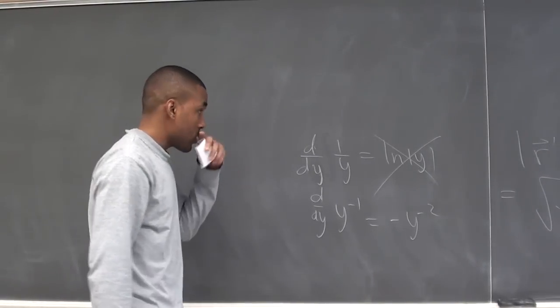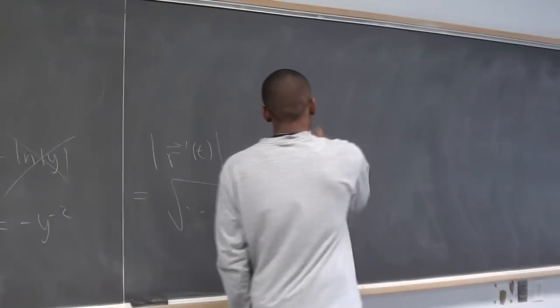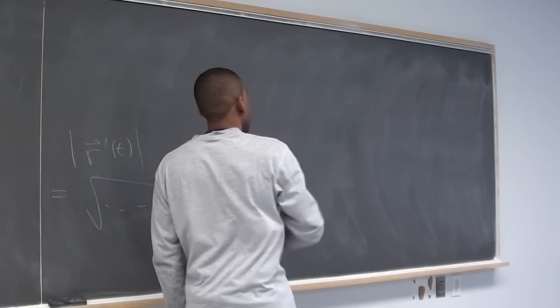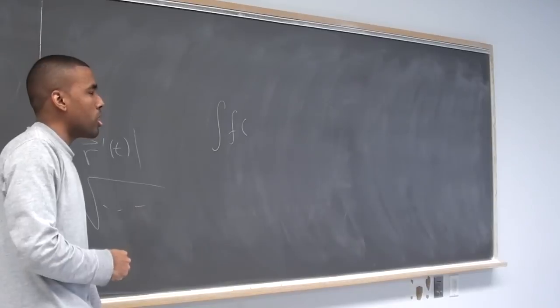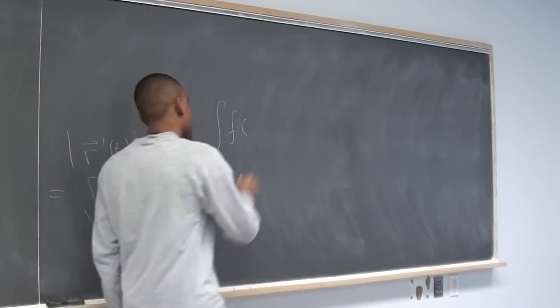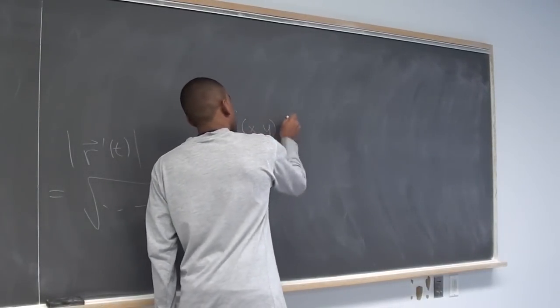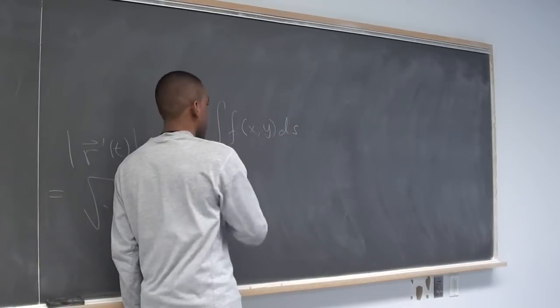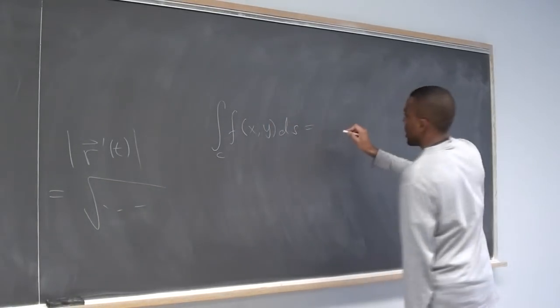What else was there? Right, so I guess a lot of people got mixed up because I mentioned before that r was x of t, y of t, z of t, or something like that. But then later on, I asked you to write out the formula for this, and some people got it almost right.